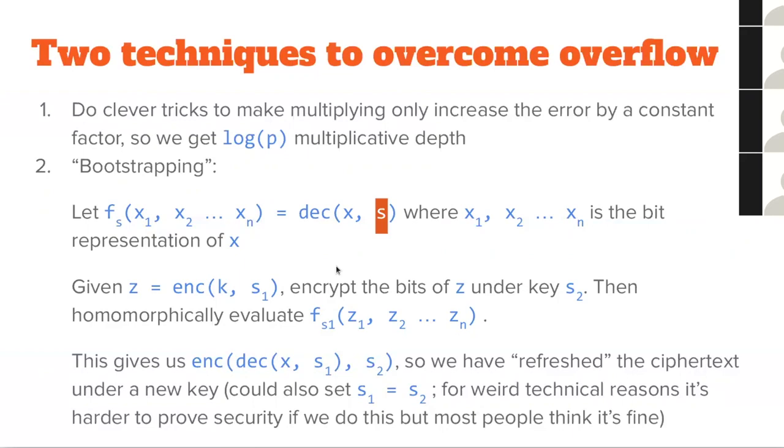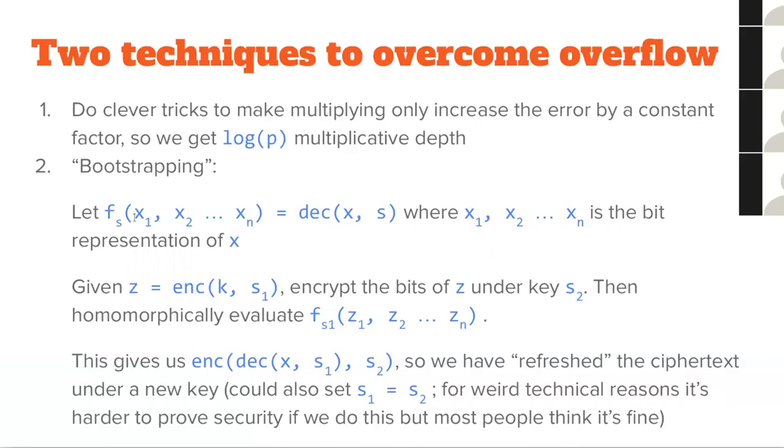X is a ciphertext, and we're going to represent X as a bunch of bits, and we're going to provide a bootstrapping key.